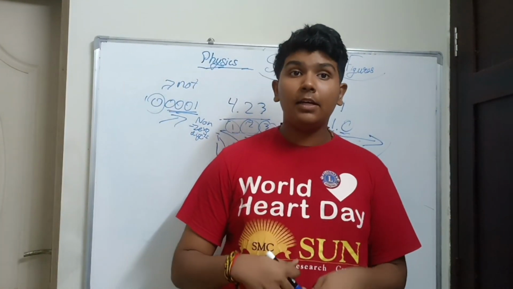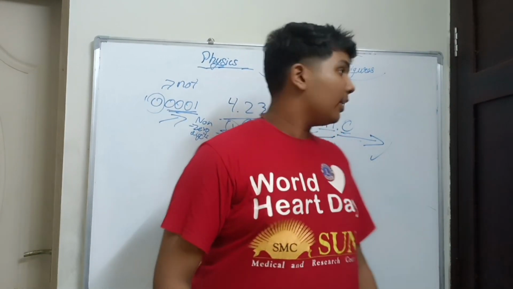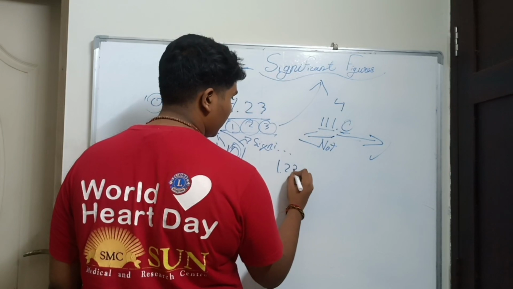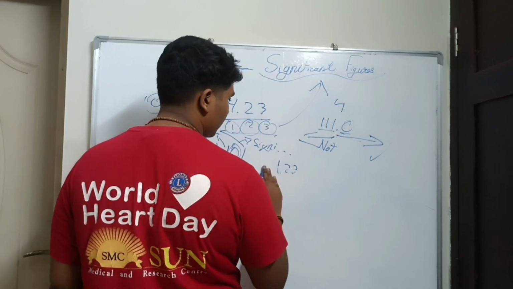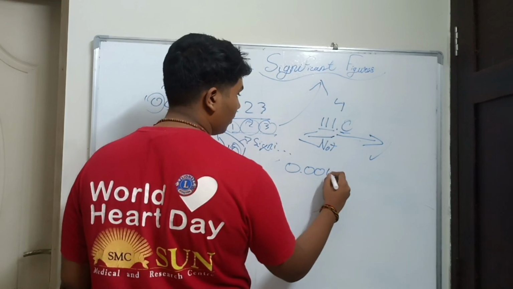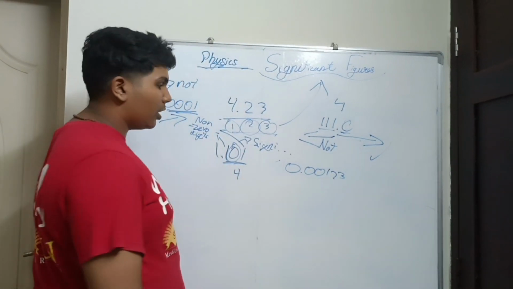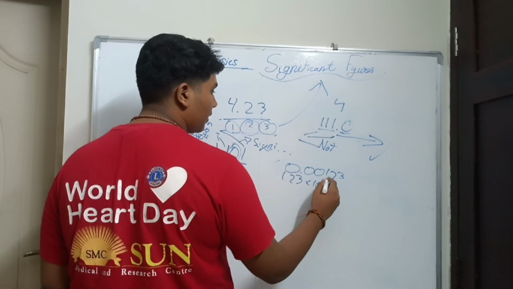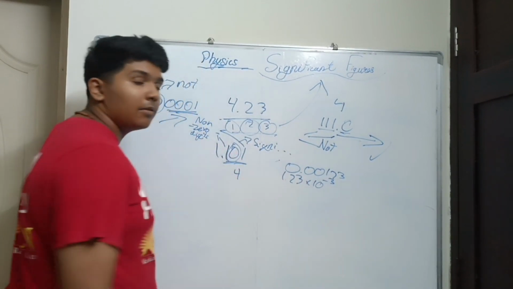Then next we have exponential figures. What are they? Let's say an example: 0.00123. To make it short, we can write 1.23 times 10 raised to the power -3.